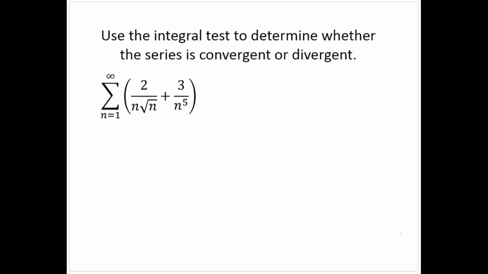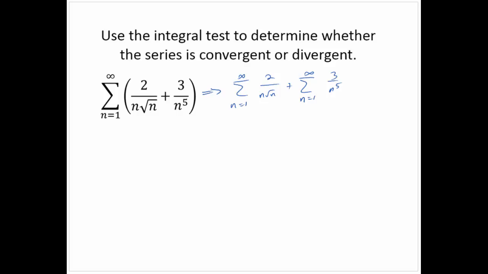Let's see another example. Use the integral test to determine whether the series is convergent or divergent. And we have sigma n equals 1 to infinity of 2 over n root n plus 3 over n to the fifth. I can write this as sigma n equals 1 to infinity of 2 over n root n plus sigma n equals 1 to infinity of 3 over n to the fifth.